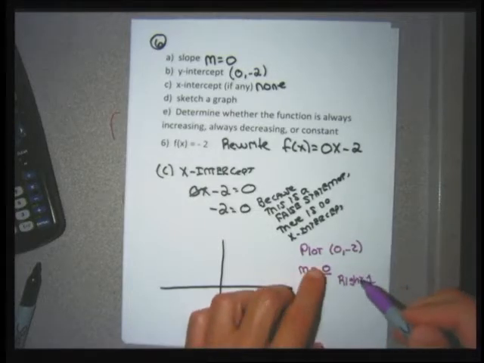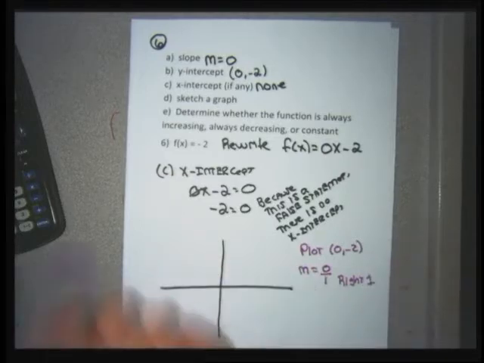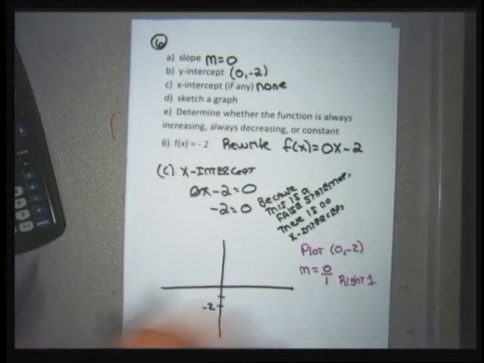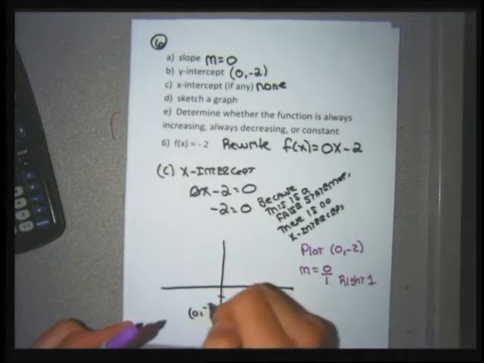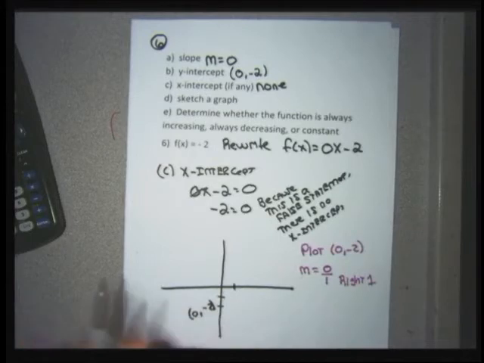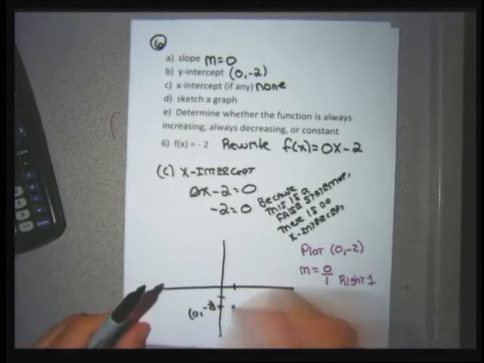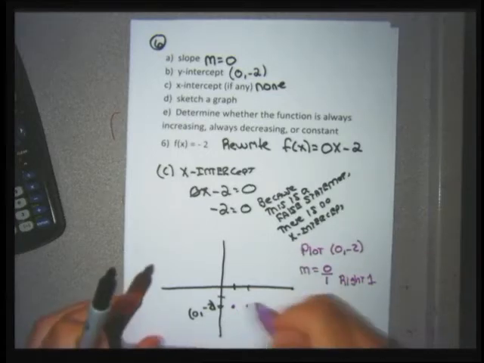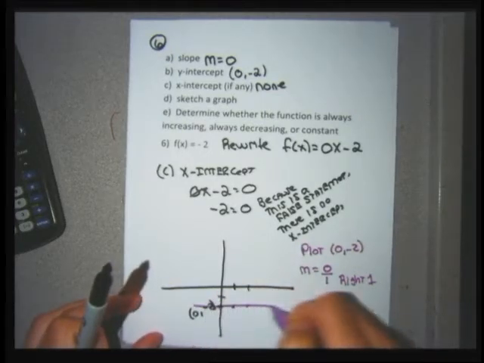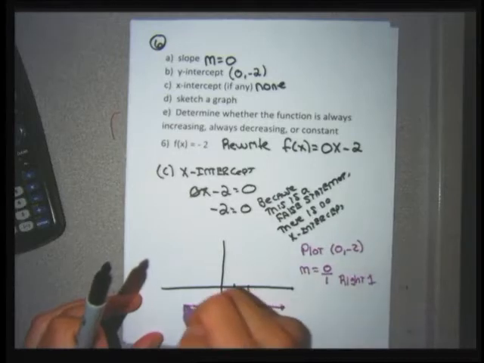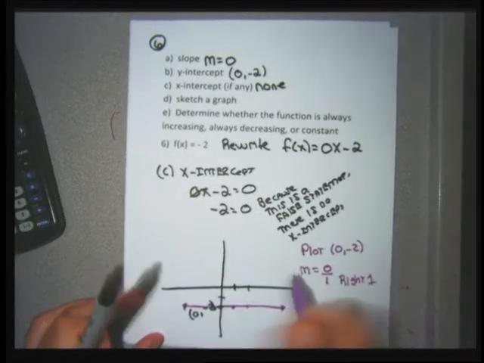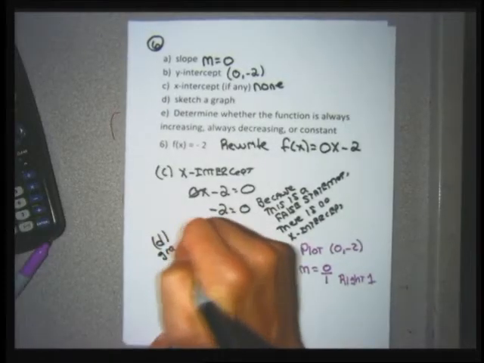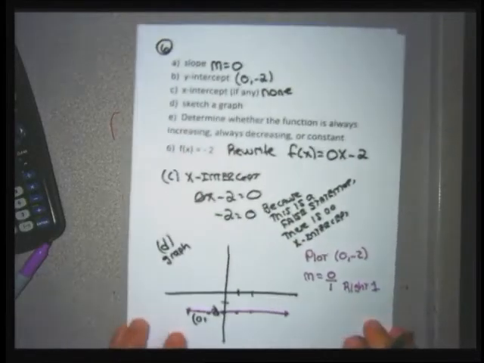The up or down is 0. So if I plotted the point 0, -2, and instead of going up or down, I just went right 1, I'd get another point, go right 1 again, I'd get another point, and the line is actually going to be a horizontal line parallel to the x-axis. This is why we say the graph doesn't have an x-intercept, because the graph doesn't cross the x-axis. So it's parallel to the x-axis.